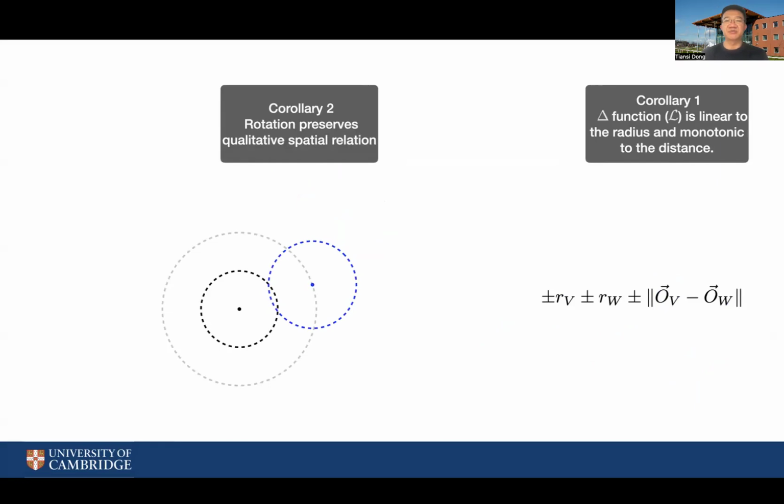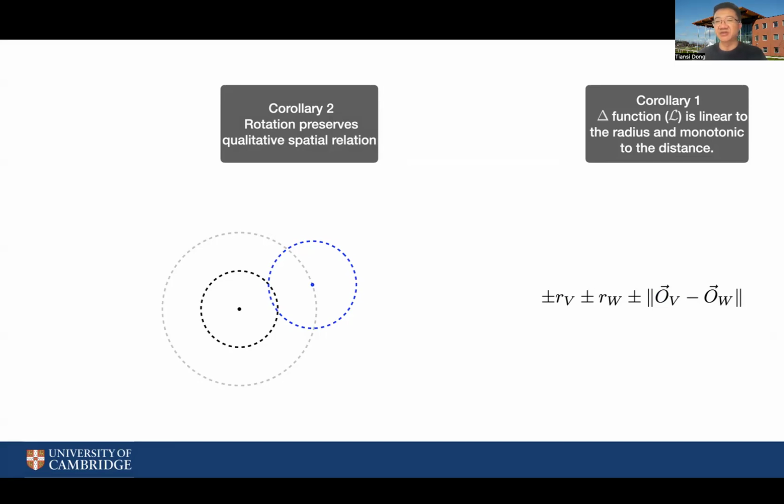The second observation, or very easily provable feature, is that the rotation process will preserve the value of the loss function and certainly preserve the qualitative spatial relations.